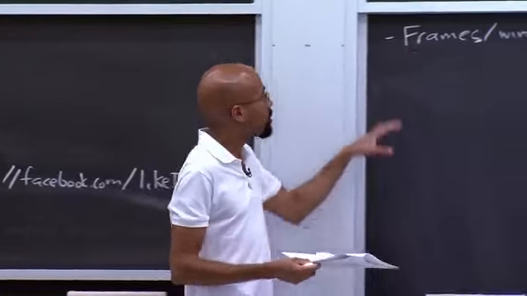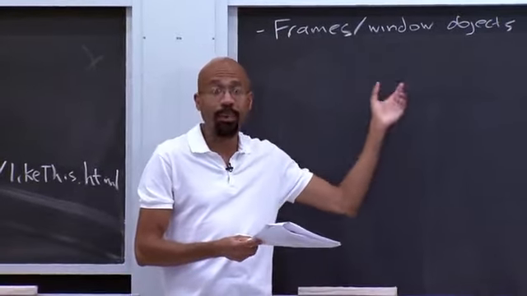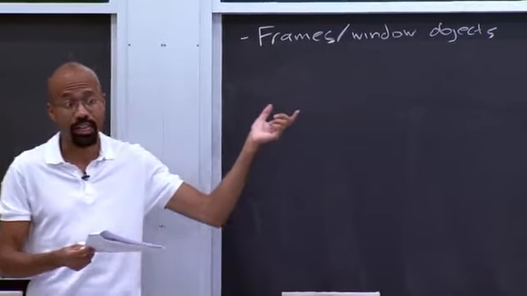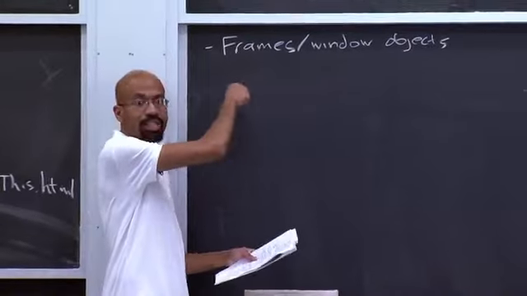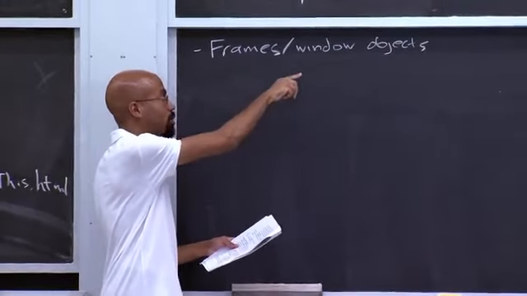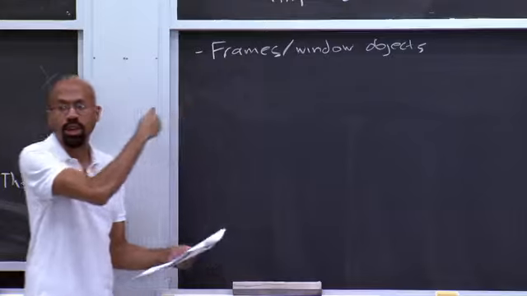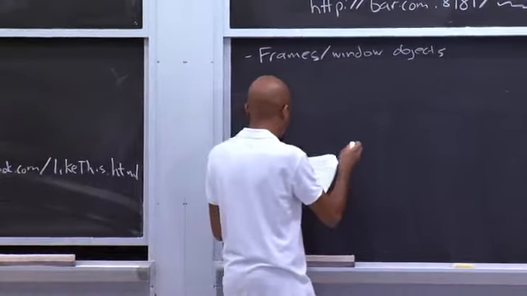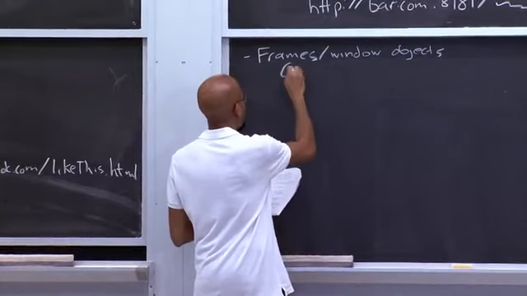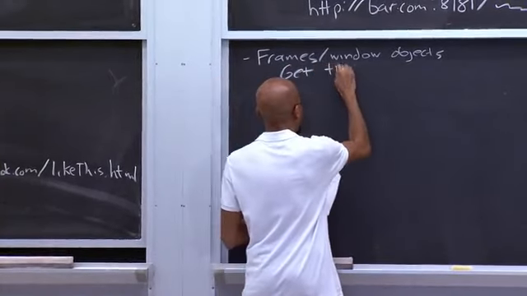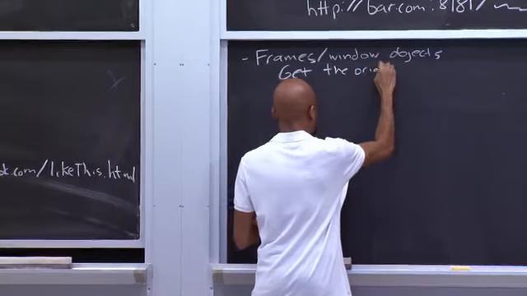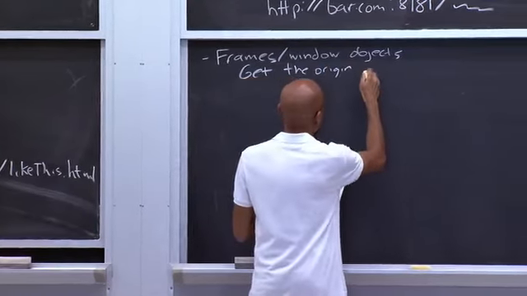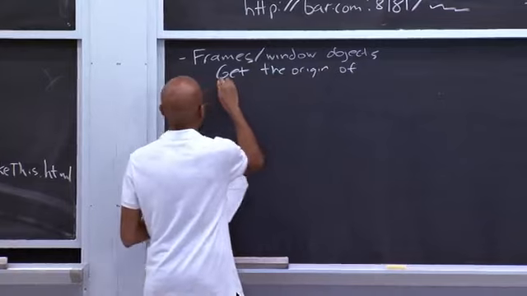Okay? So basically, frames and window objects are very powerful references for you to be able to access. And they actually contain pointers to each other, right? The frame contains a pointer to the associated window object and vice versa. So these two things are essentially equivalently powerful. So frame and window objects, they get the origin of the frame's URL.